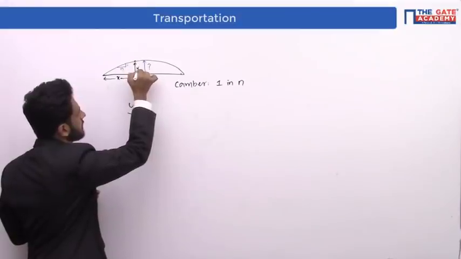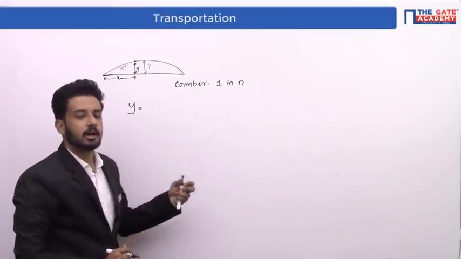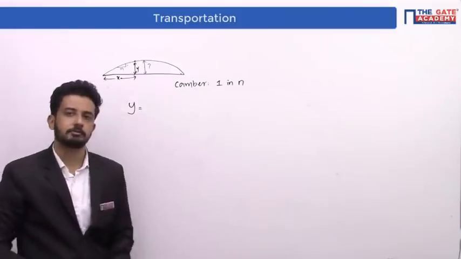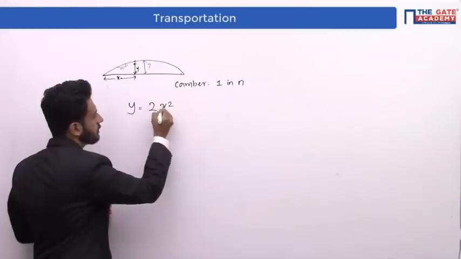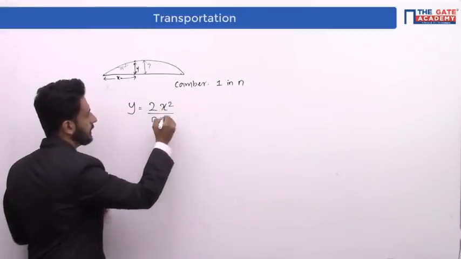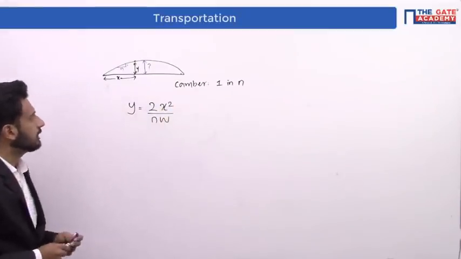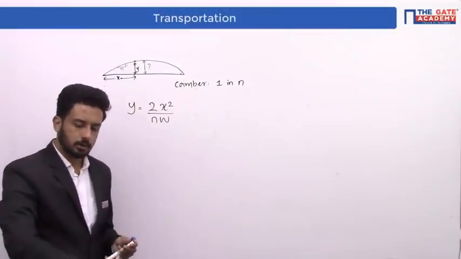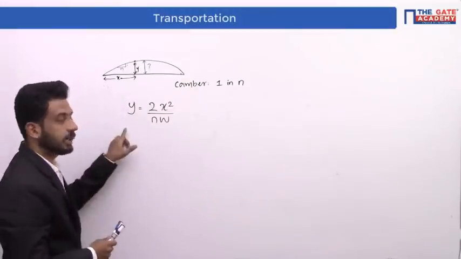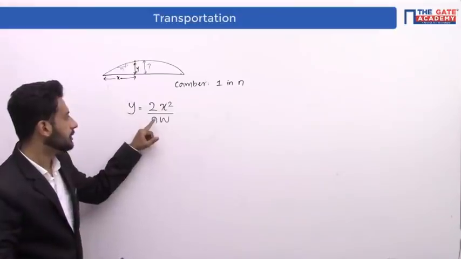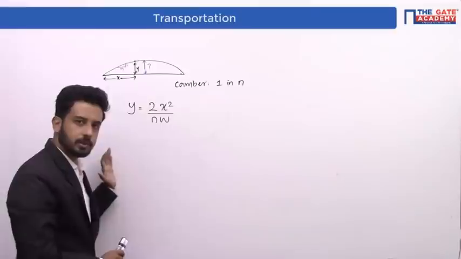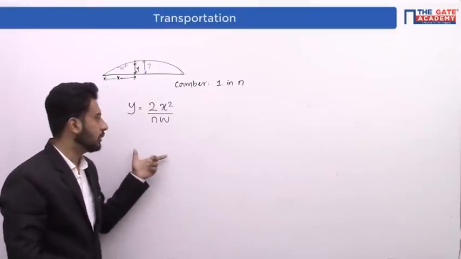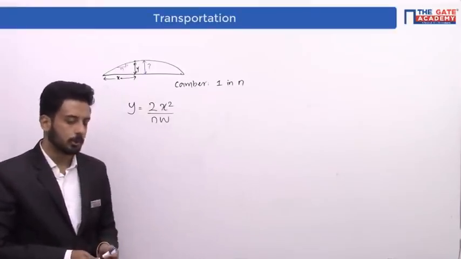So if I am representing it as some y distance, how we can find out the value of y? y is equal to 2x square divided by nw. Okay. The height of any point on the road surface, y is equal to 2 times x square, x being the horizontal distance from the edge to that point, divided by n into w.